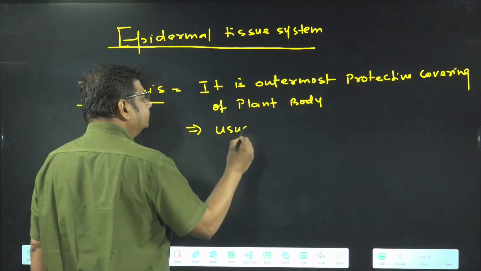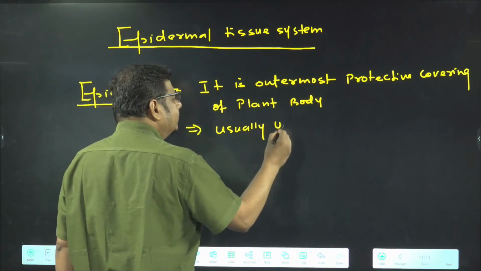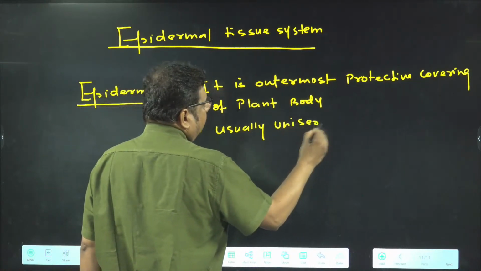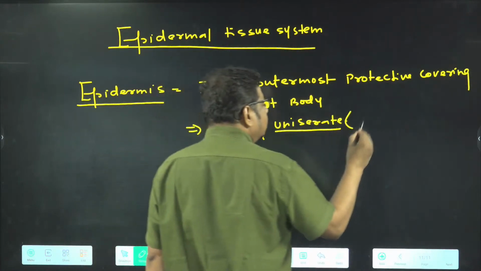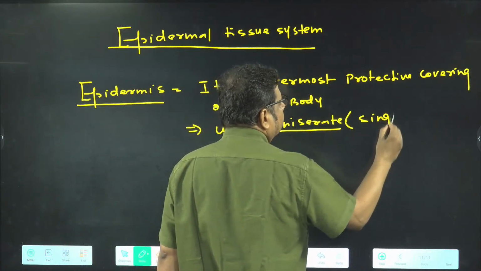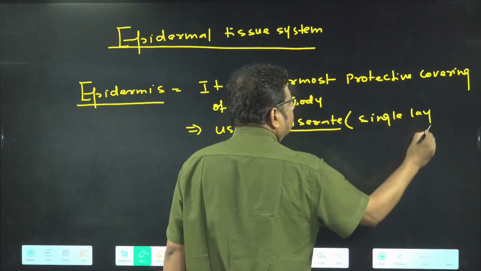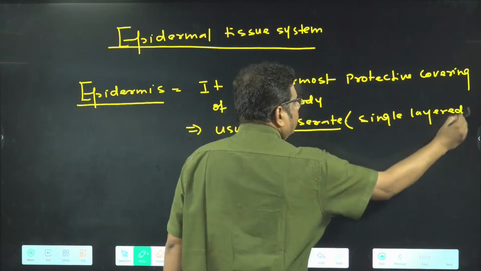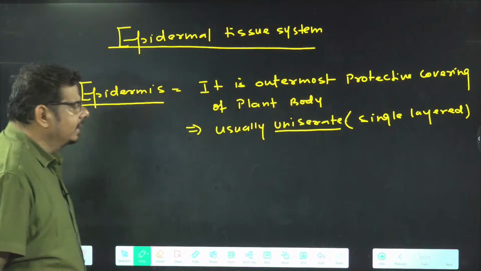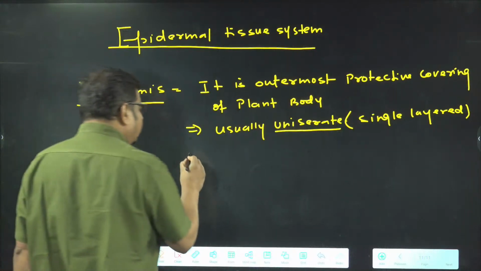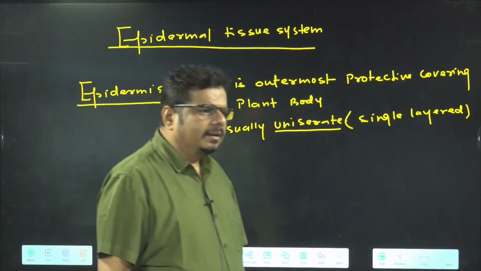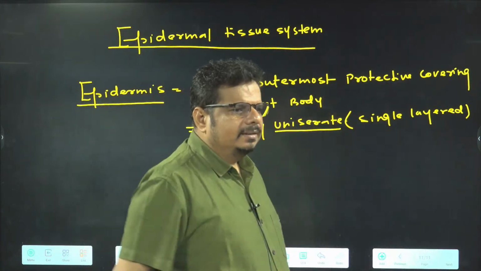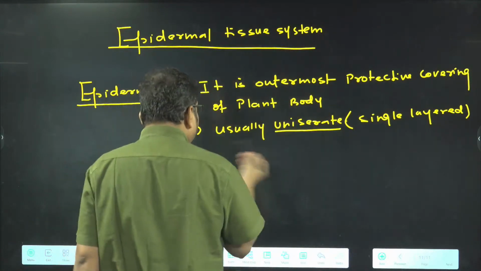Usually uniserate. Usually epidermis is uniserate, means single layered. Usually it is made up of a single layer. Getting the things? It is common sense. If it is the outermost layer, it is a compact layer. So what is absent?